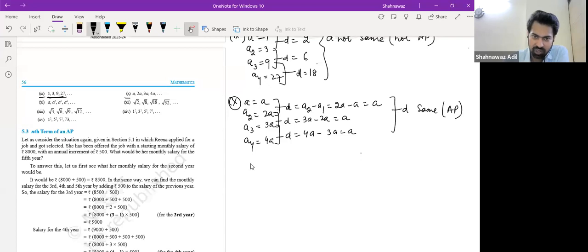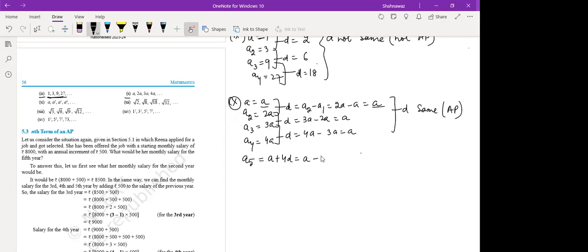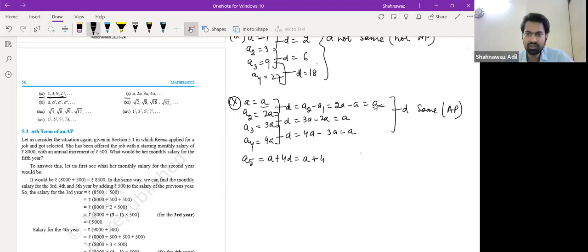But if you want to calculate in this way, from the general term formula, A5 is a plus 4d. And we know a is A and d is again A, so this is 5A. Similarly, A6 is 6A, A7 is 7A.